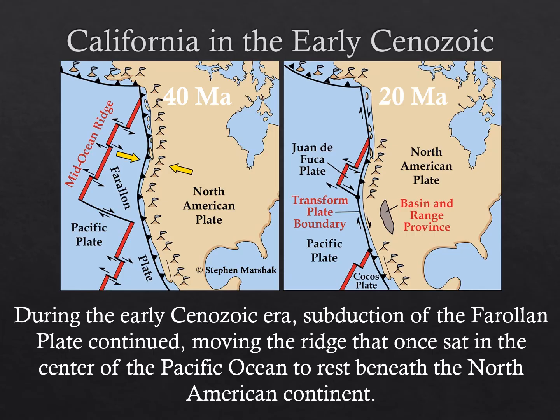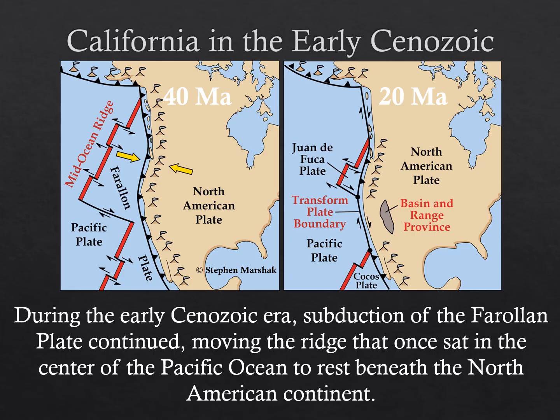It was then twisted and rotated, and that became our transform plate boundary today. 20 million years ago, or roughly 20 to 30 million years ago technically, that's when the San Andreas Fault system began to form.